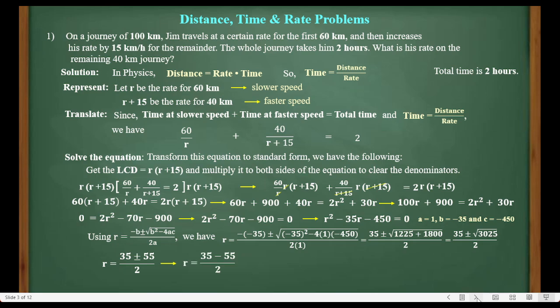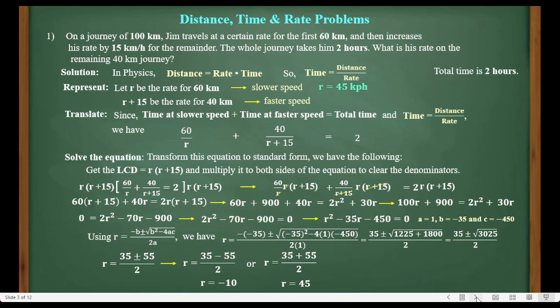The first value is the one wherein the negative square root is being considered. So that is 35 minus 55 all over 2, or r, which is 35 plus 55 all over 2. So the two values of r are, the first one is negative 10 and the other value of r is 45.